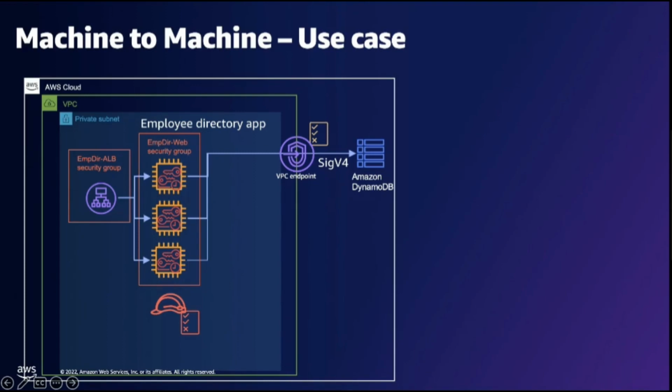Additionally, with the VPC endpoint, you've got a policy that you can implement to lock down traffic, right? That policy, in this particular case, only accepts traffic from our security group that is protecting the web service for our employee directory application.